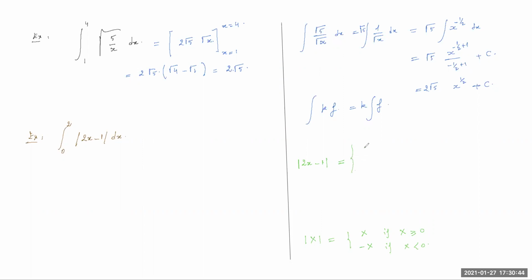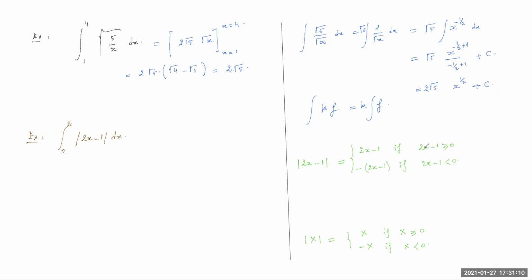It will be my quantity, which is 2x minus 1, if my quantity is positive, and the opposite, step by step. So you see, already you have two different expressions.